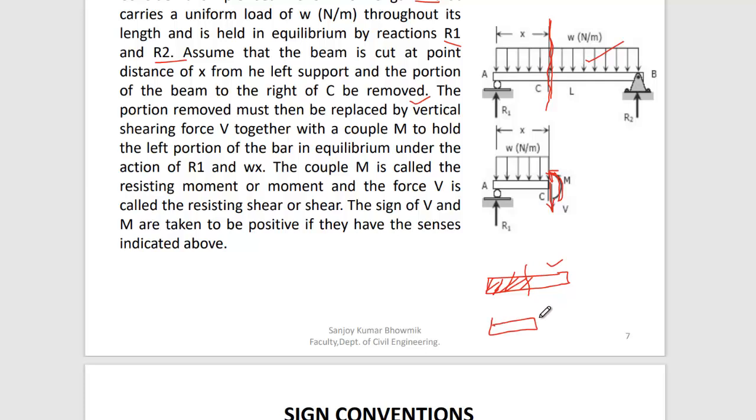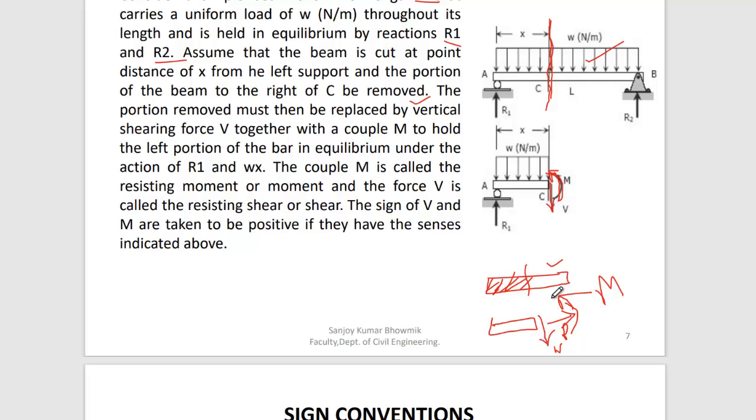You will have unknown reactions vertically, horizontally, and moment. So you have shear force, you have axial force, maybe P, and you have moment M. Usually you have these three unknowns if you take a section.